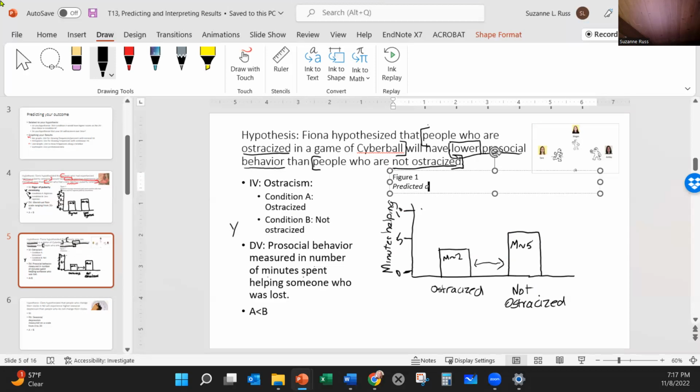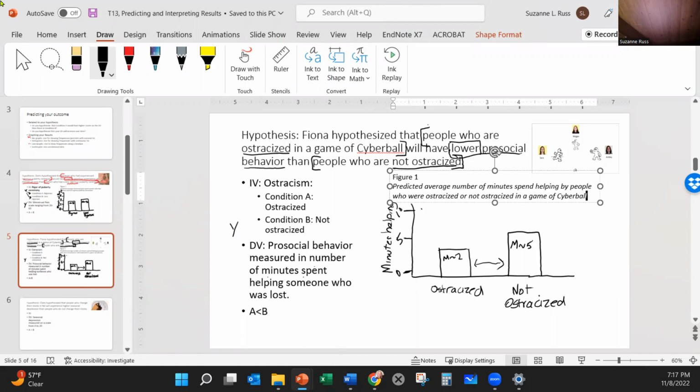If we are measuring average, predicted average number of minutes spent helping by people who were ostracized or not ostracized in a game of Cyberball.